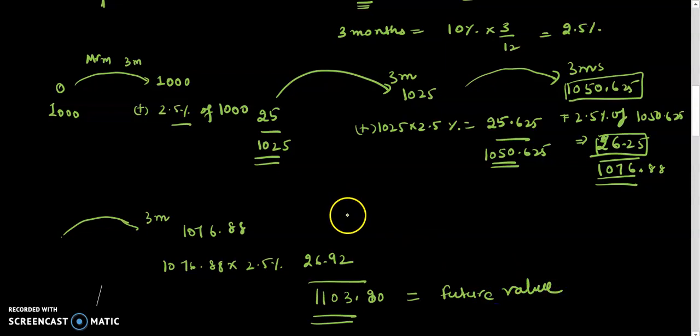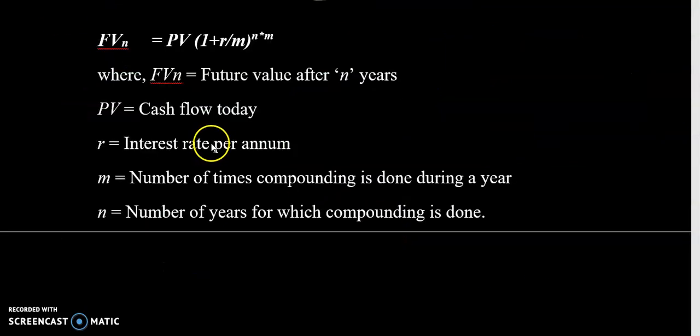So if there is quarterly compounding in a 1 year, there are 4 compounding periods, and for 2-year deposits there are 8 compounding periods. So here's the scary formula. Please remember the concept and then just look at the formula.